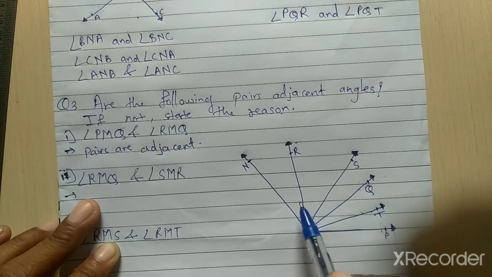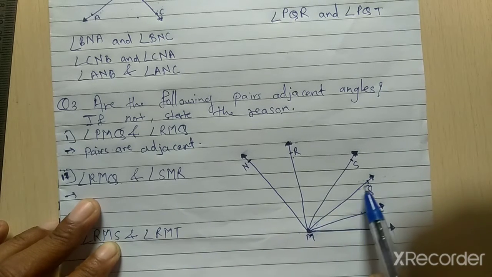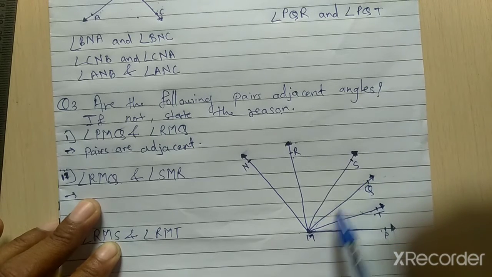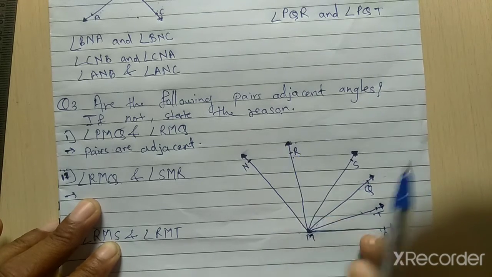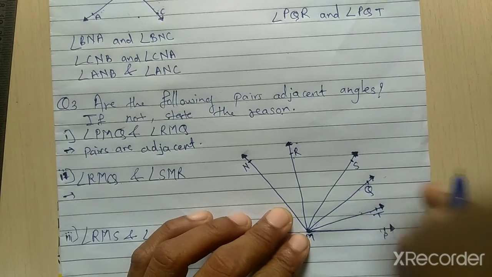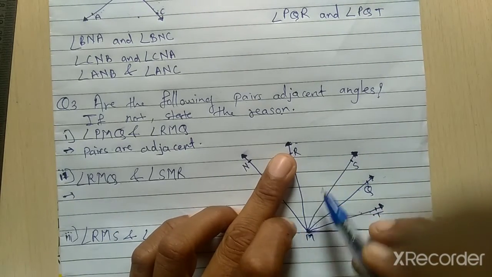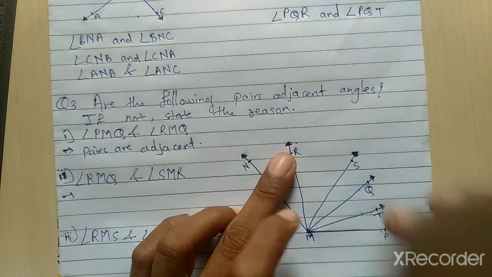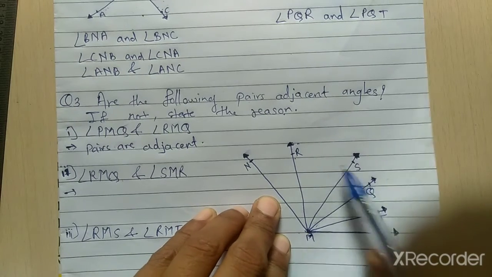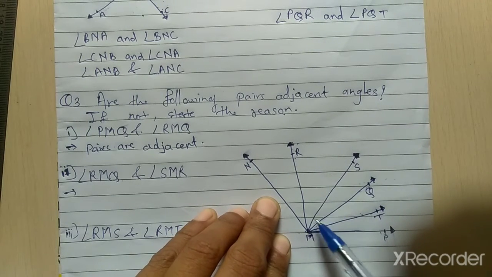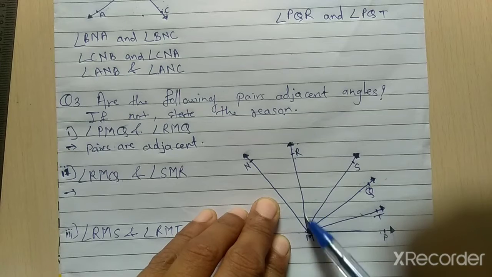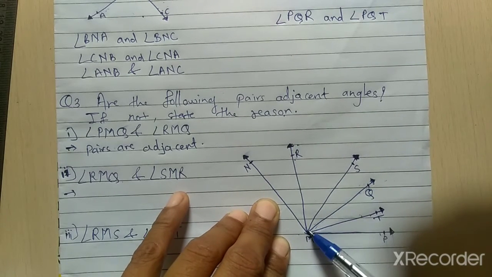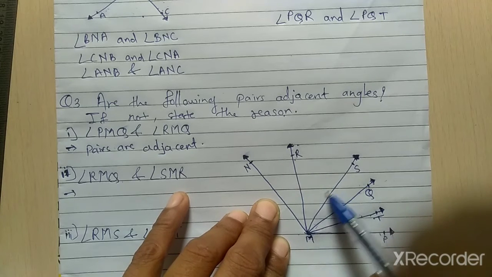angle SMR. RMQ and SMR. Look here. R is here, MQ, and then SMR. For RMQ, hold this part, from R, M, Q, this whole part, and again S, M, R, this part.